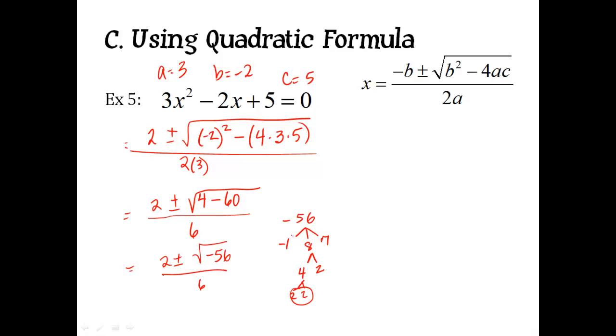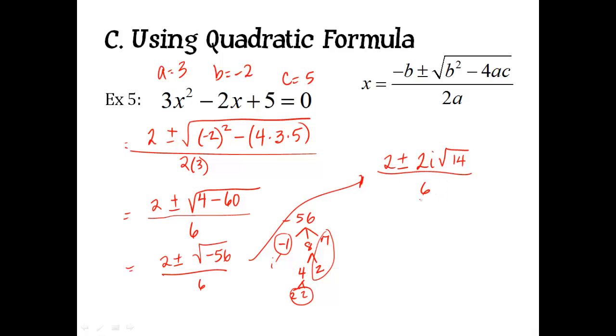Square root of that negative 1 is i. We can take this out, right? So what I've reduced this to is now what I can take out is an i, and I can take out a 2. So it's 2i, square root of what's left inside. What's left inside? 14. All of that over 6.